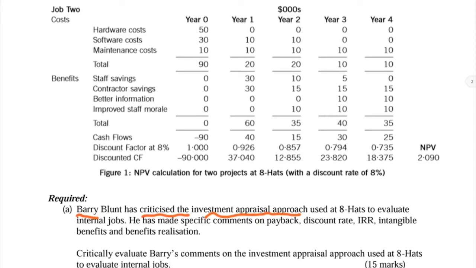But it seems Barry has a lot of comments on the NPV approach. So what you need to do later is comment on whatever Barry comments, and see whether you agree with Barry or not. Your duty here is to critically evaluate Barry's comments on the investment appraisal approach. How many marks here? In total, 15 marks. So this is your part A, 15 marks.